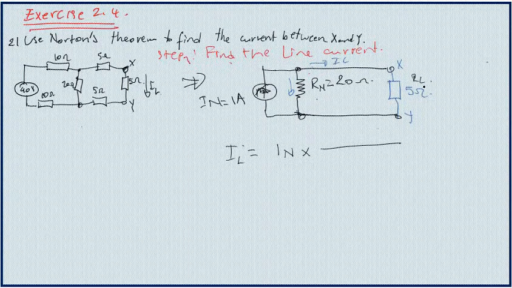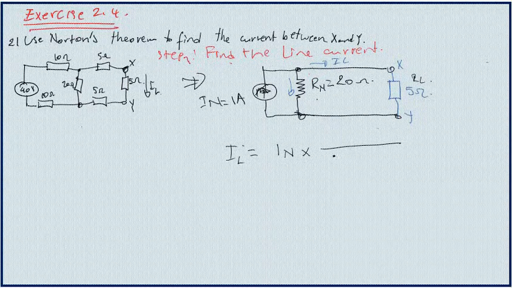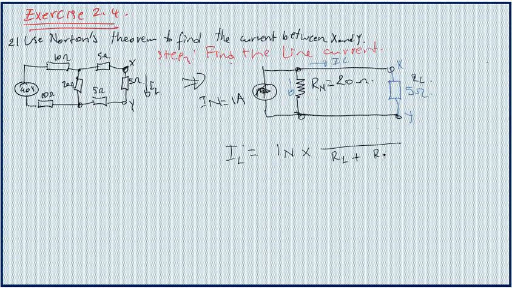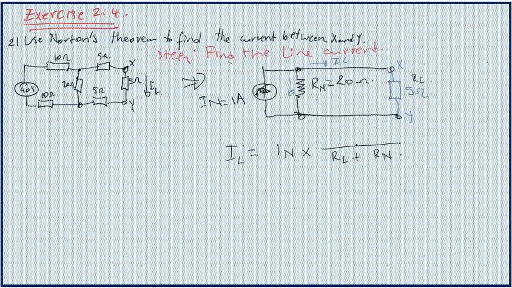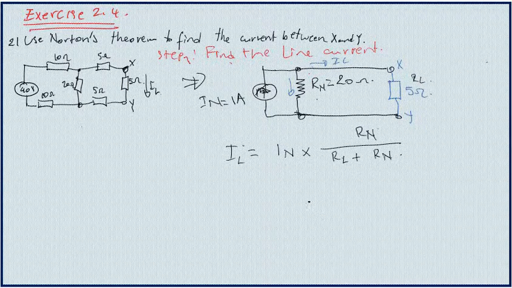That is called the load resistor, and that is called the Norton resistor. At the bottom we add these values, RL and RN. On top, since we are tasked to determine the current flowing in 5 ohm, we need to use the opposite resistor, which is 20 ohm, so RN on top.